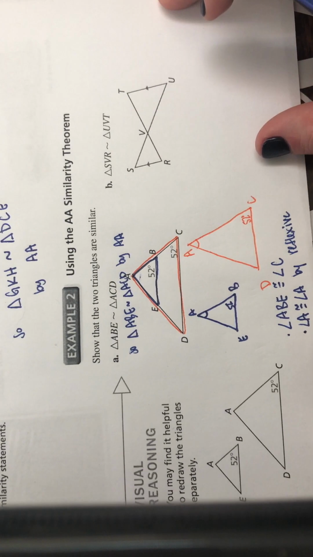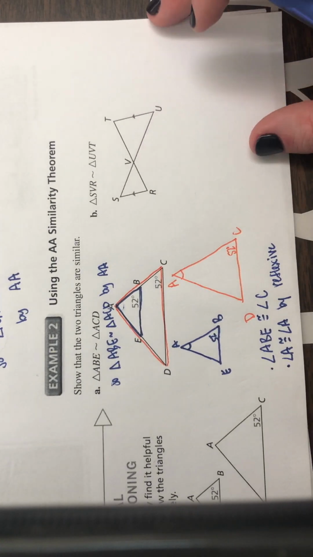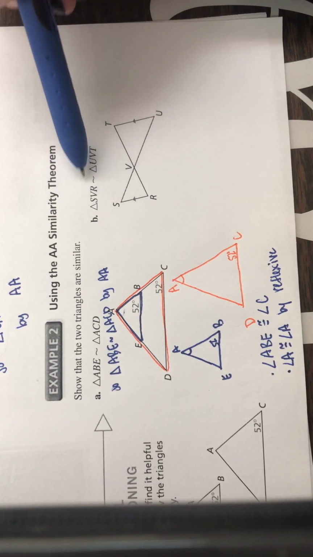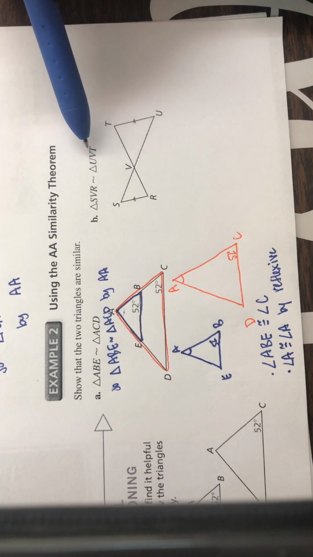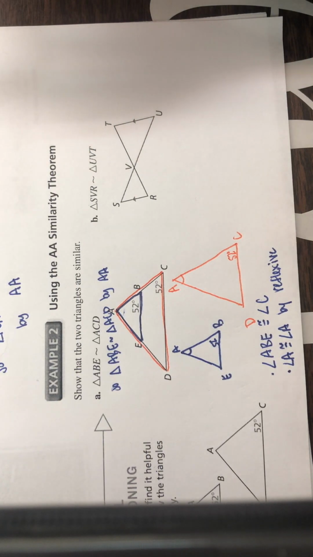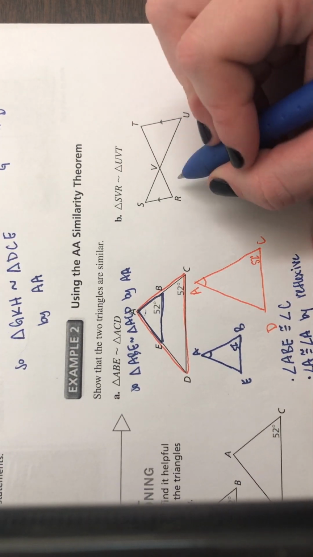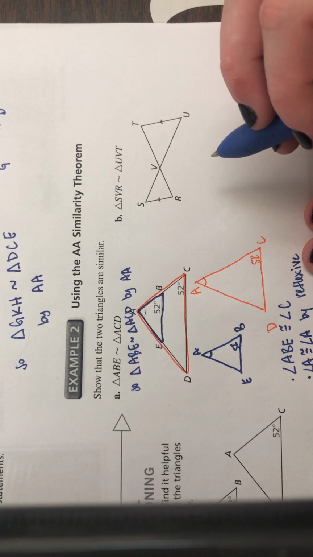Okay. All right. B. We're looking at SVR. Triangle SVR is similar to triangle UVT. I see automatically, and I don't really need to redraw these because there's no overlap.